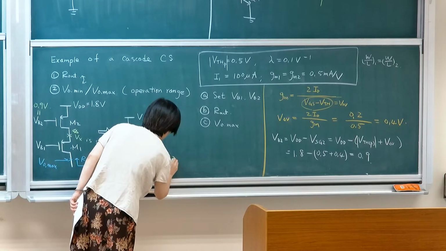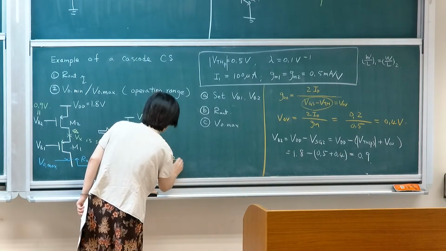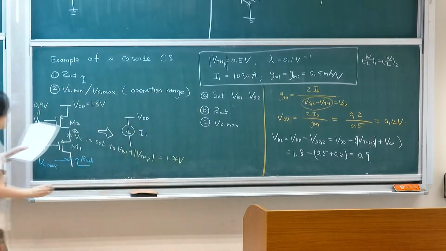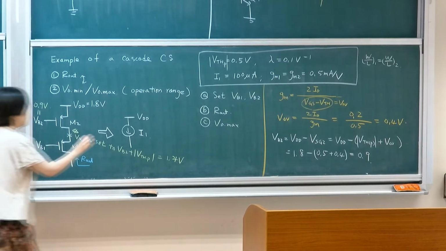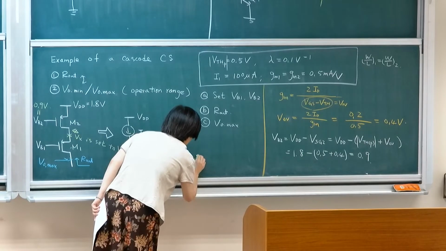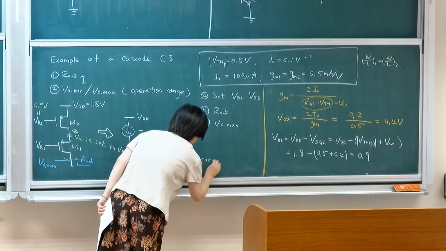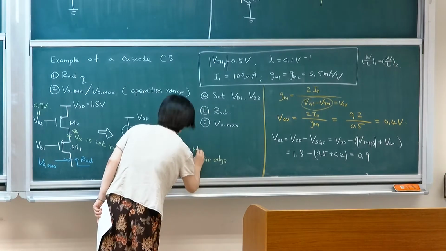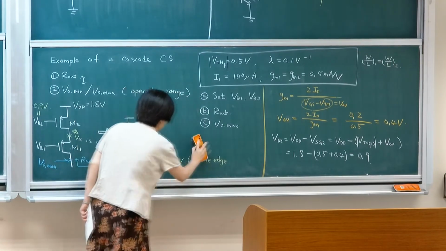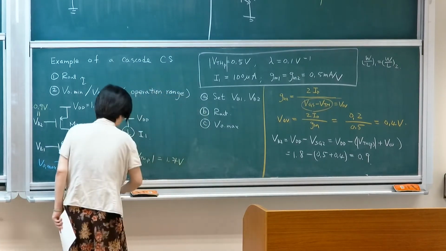So it will be 1.3. There you get it, 1.4 volts, sorry. You want to set it to 1.4 volts, so it will be at the edge. So M2, let me write it down clearly.